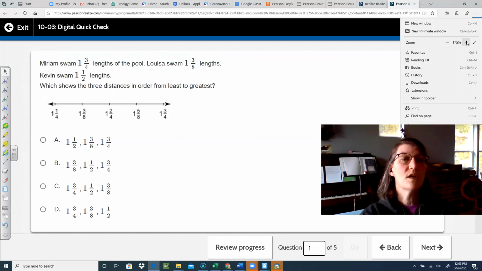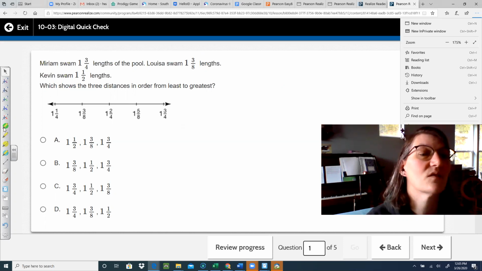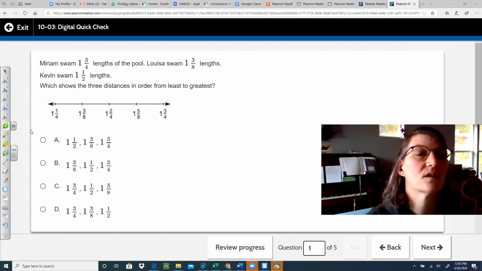Number 1, Miriam swam 1 3/4 lengths of the pool. Louisa swam 1 3/8 lengths. Kevin swam 1.5 lengths. Which shows the 3 distances in order from least to greatest? So I'm going to see if it'll let me write on it. I don't think it does. Nope, it doesn't.